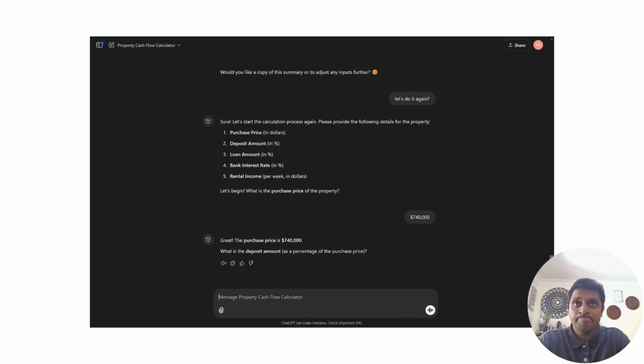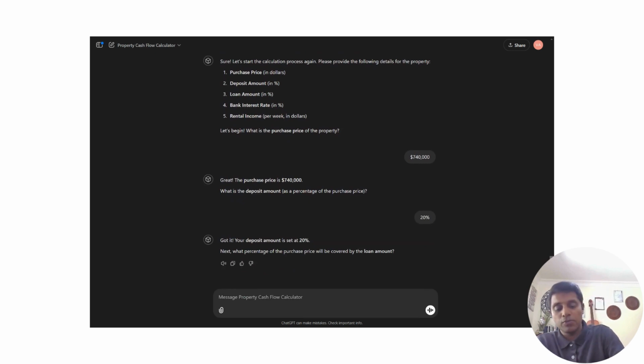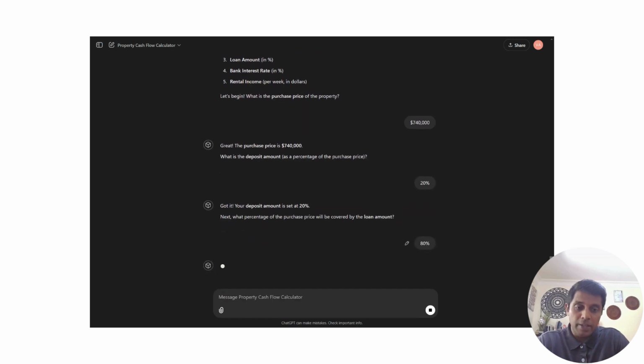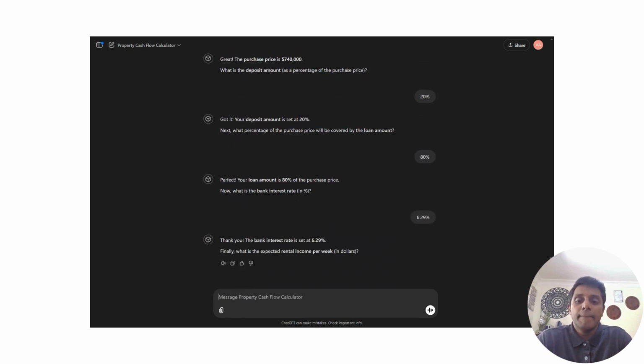And let's assume again they are going for a 20% deposit on the purchase price, which I believe they have the funds for, and the remaining purchase amount is what they will be seeking from the lender. And then the interest rate, let's put it as the same, which is 6.29%. And let's give the rent as $550.